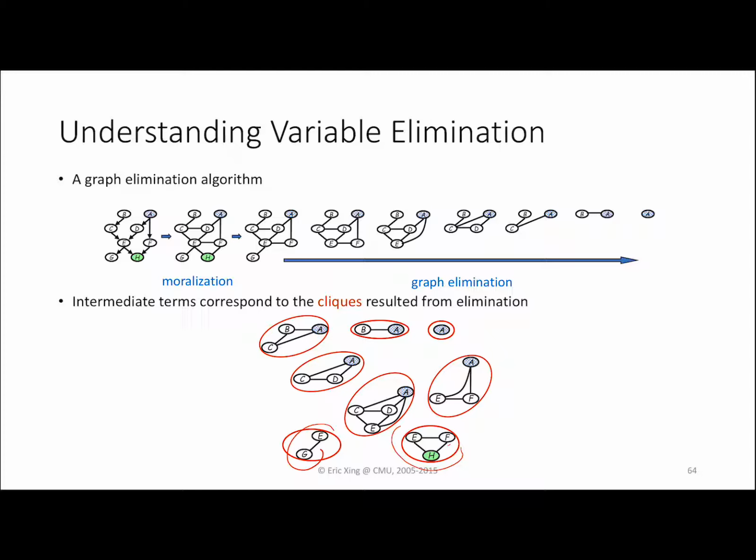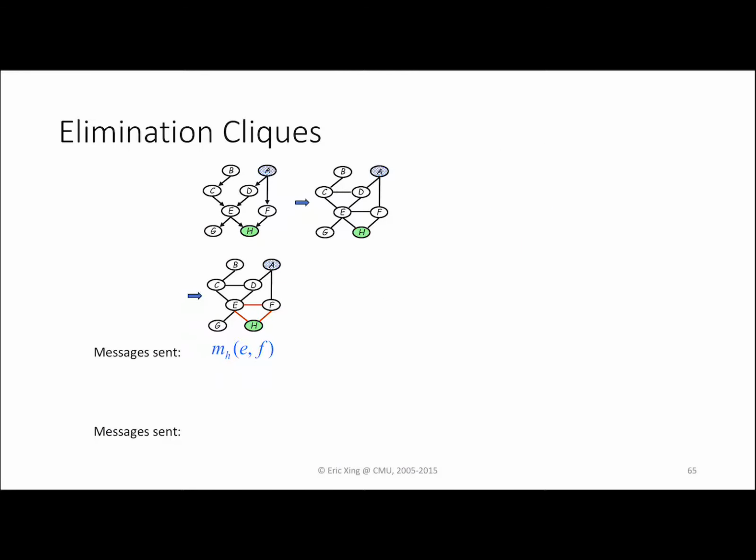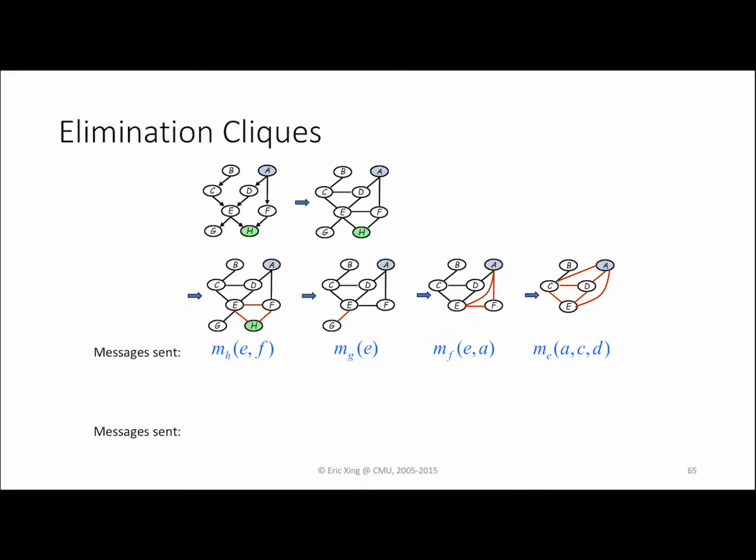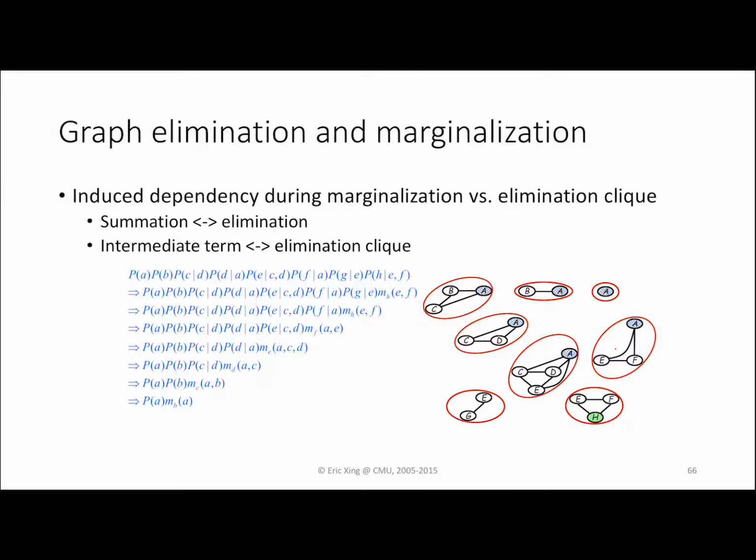That gives us a heads up on which factors have to be included in the computation. So we started with H, introduced a new message, passed the message, reshaped the graph, and introduced new edges. The graph that I'm showing you here is all of these new factors that are introduced due to the nature of the message passing.